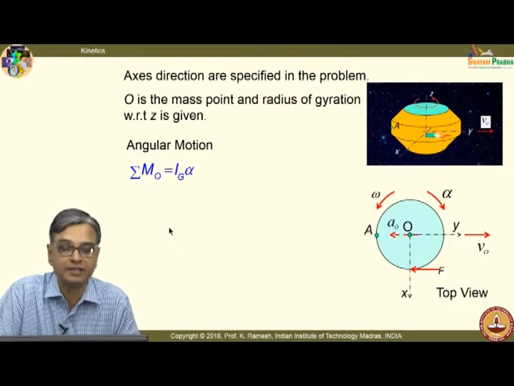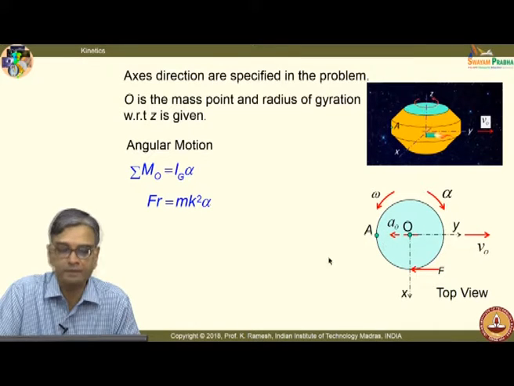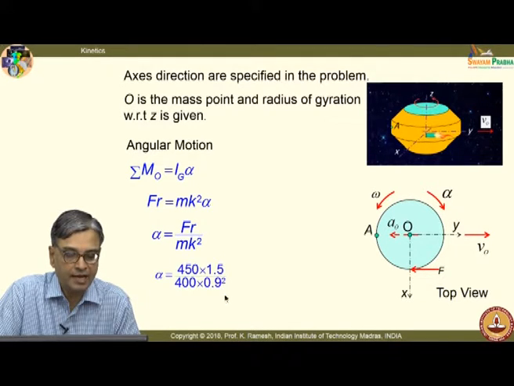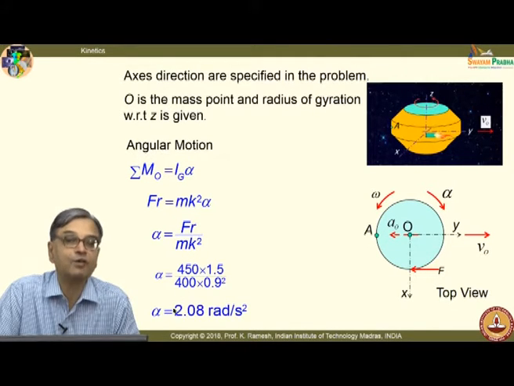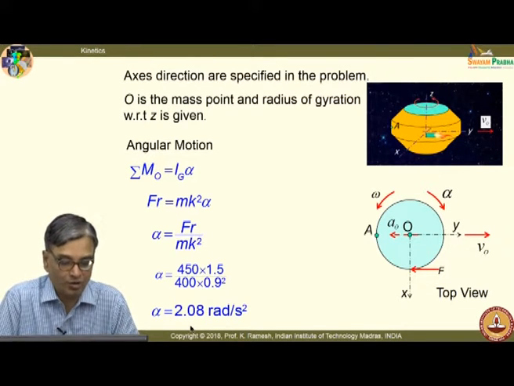This is the mass point of the satellite, and you are given the radius of gyration. I can easily write what is M_G, only this force introduces that moment, and I have alpha equal to F r by m k square. I have all the parameters given. So, when I substitute, I am in a position to get the angular acceleration or deceleration, whichever way you want to call it. This is 2.08 radians per second square.